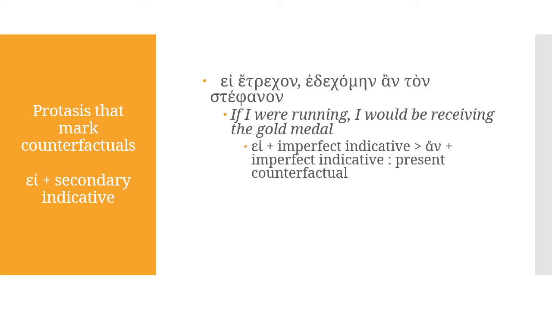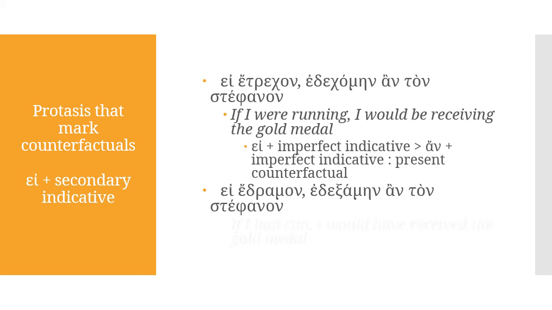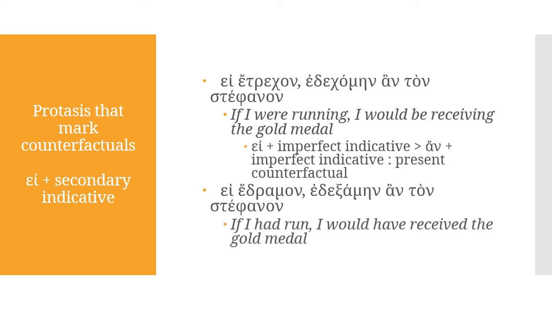I put it to you that a Greek speaker and reader hears ei etrechon, and if I were running and if I was running is functionally the same. And then you hear edechomen an ton Stephanon, I would be receiving the gold medal. Stands by itself. Ei edramon, edexamen an ton Stephanon, shifting to the aoristos now. If I had run, I would have received the gold medal.